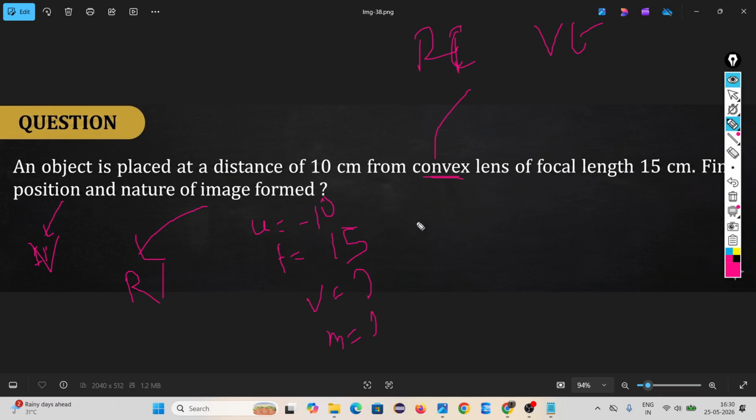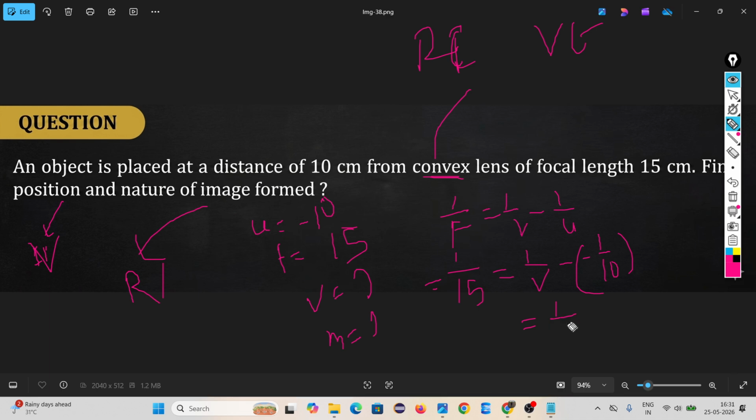From the lens formula, can I find v? Because v is required. The lens formula is 1 by f equal to 1 by v minus 1 by u. F value is how much? 15. So 1 by 15 equal to 1 by v minus of minus 1 upon 10.